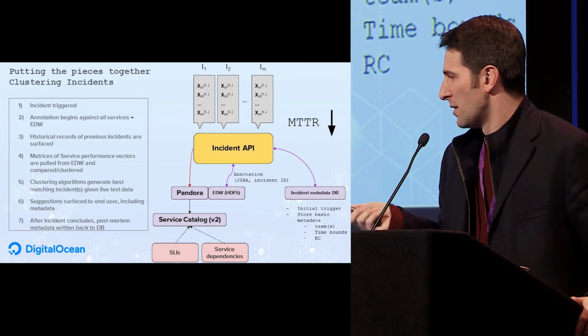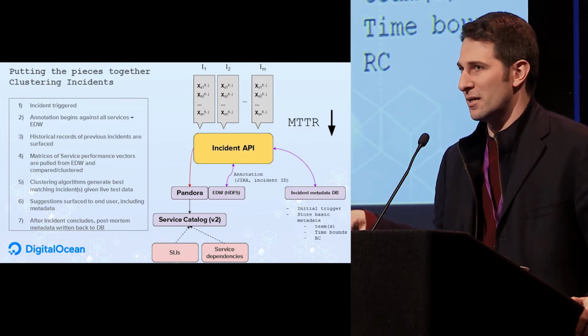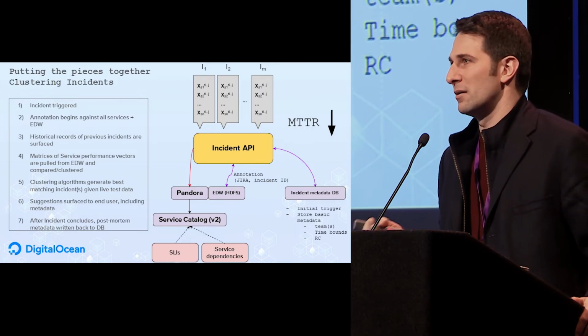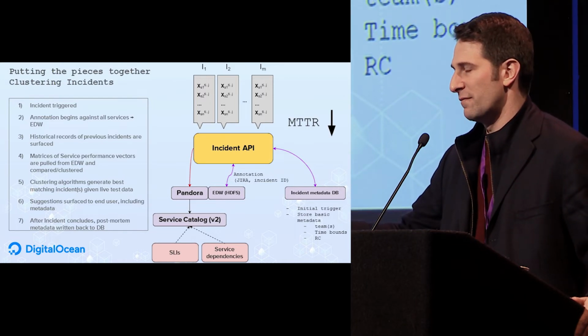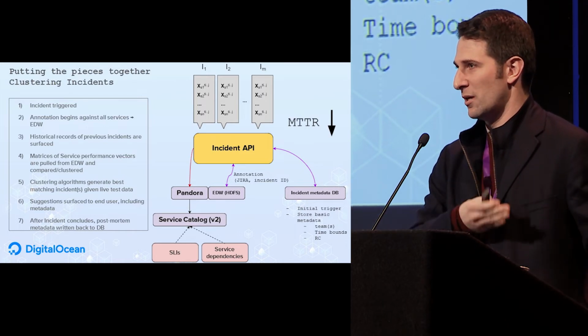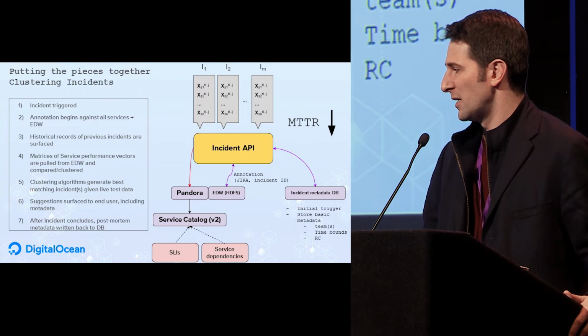And so the notion is that there's an incident. It happens. It's triggered. That could be someone on our operational side says, all right, we've started this incident, it's at this severity level, and we are now triaging it officially in this Slack channel, what have you. So we'll have a webhook, it triggers, annotation begins against all services.